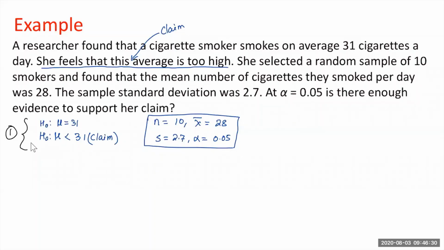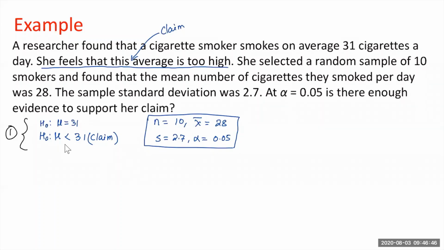Now, once we have the null and the alternative hypothesis, we look at the alternative hypothesis. Alternative hypothesis has less than sign. That means this must be a one tail test. And because it is the less than, it is the left tail test. So let's write that down.